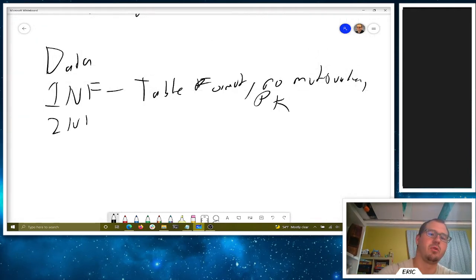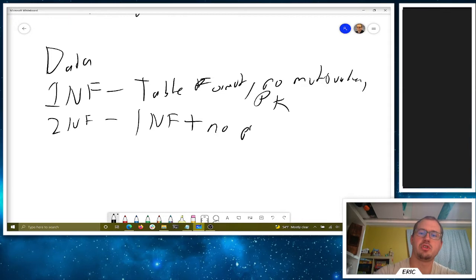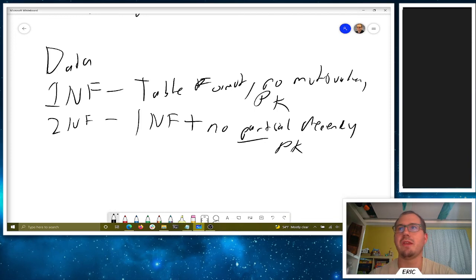In second normal form, you are in first normal form, and you have no partial dependencies. That means you only depend on part of the primary key. And we'll talk about that when we get there. We'll look at some examples and see what is a partial dependency here. Not too big of a deal. We'll get to it. Don't worry.